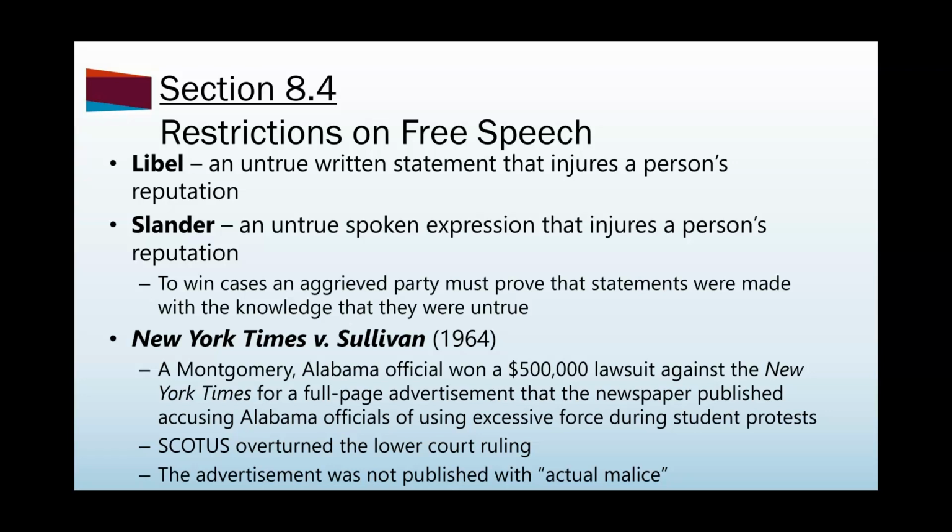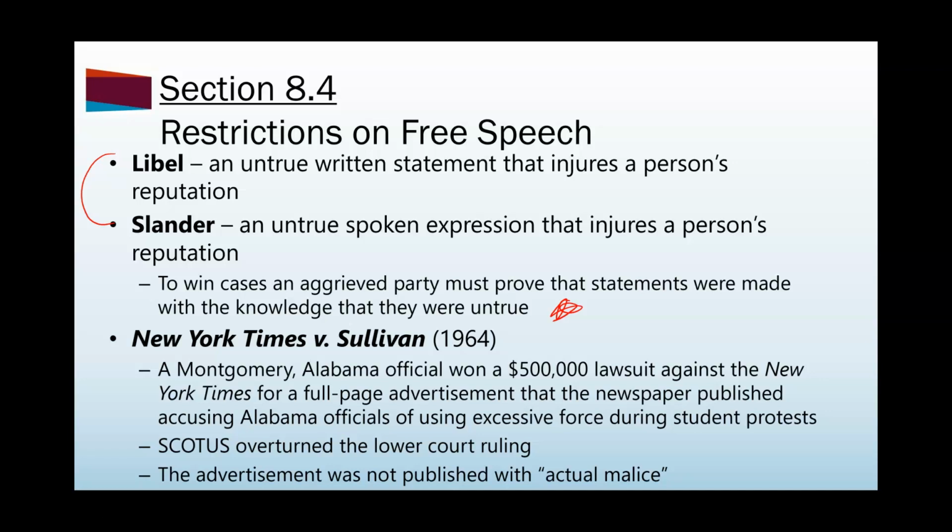All right, so now, restrictions on free speech: what can or cannot be said. Specifically, the two major things, libel and slander. Libel is an untrue written statement that injures a person's reputation. Slander is untrue spoken expression that injures someone's reputation. So one is written, the other is spoken. A lot of times it's very difficult to get these through court, but in order to win a case, they must prove that their reputation was hurt because of the statements that were made.